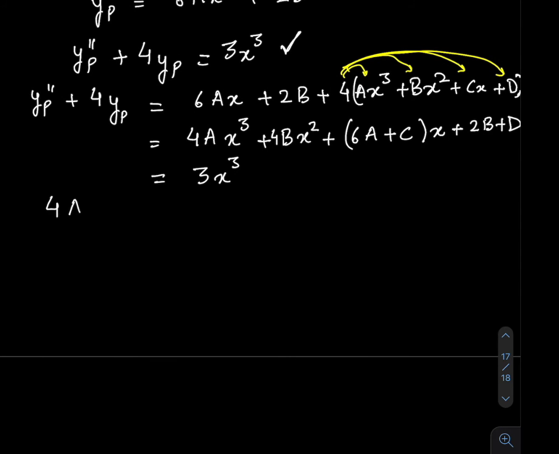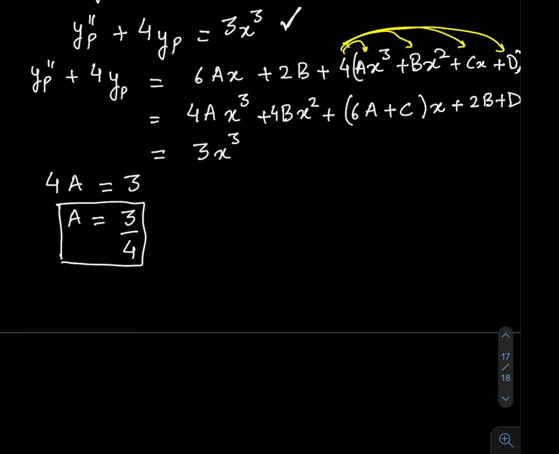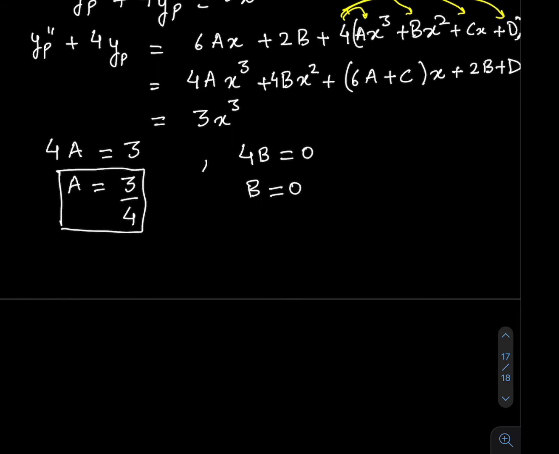Now we can compare the coefficients. So x cube coefficients must be equal. So 4a should be equal to 3, which gives us a equal to 3 over 4. X square coefficient, which is 4b, is equal to 0. It means b is equal to 0.